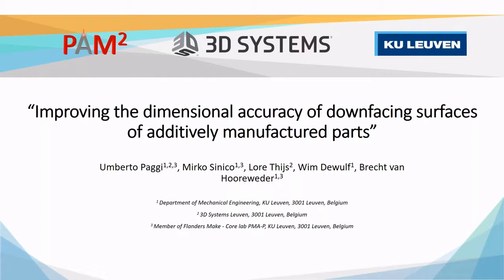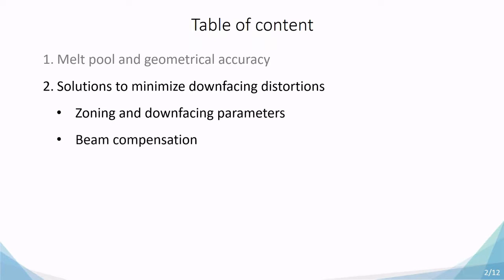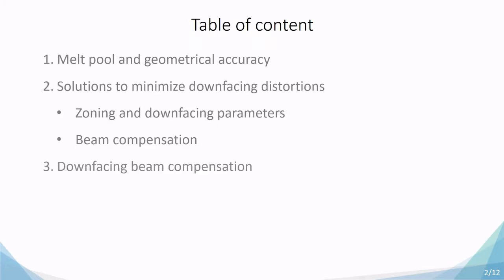So today I'm going to introduce the link between melt pool dimensions and geometrical accuracy of 3D printed parts. Then I will talk about the solution to minimize downfacing distortions, specifically the zoning and the development of downfacing parameters, and the creation of offsets known as beam compensation.